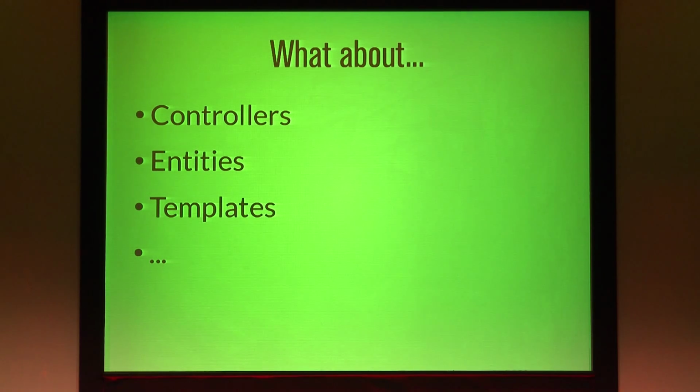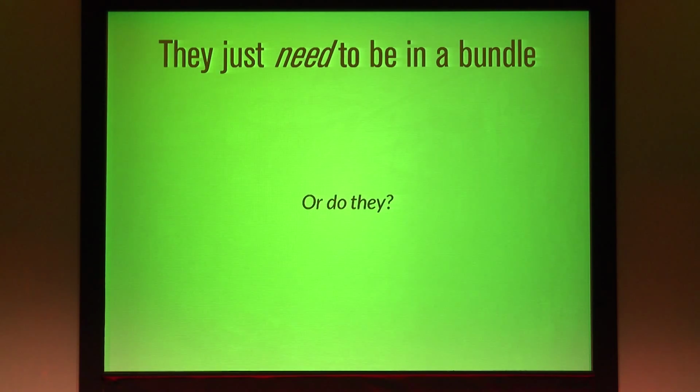And a whole list of other things that you may really think have to be inside a bundle to be useful at all. Or do they? I really think that we can move many more things outside of a bundle than you can imagine. So this talk is trying to explain the ways in which you can do such things.